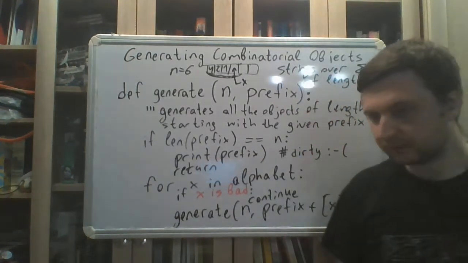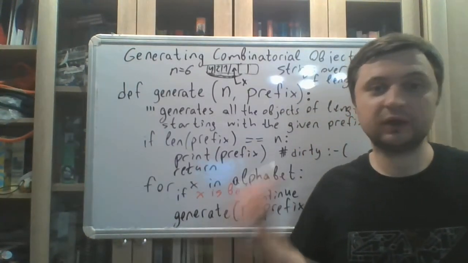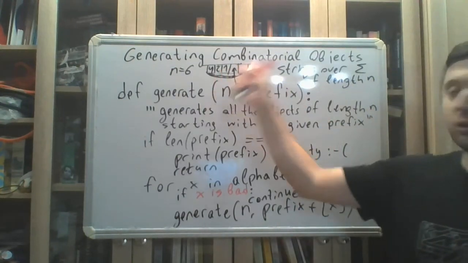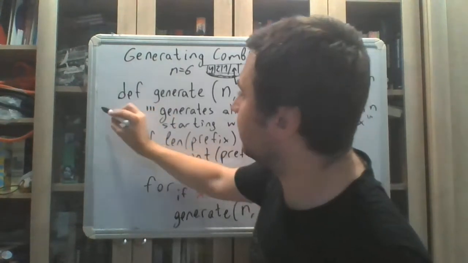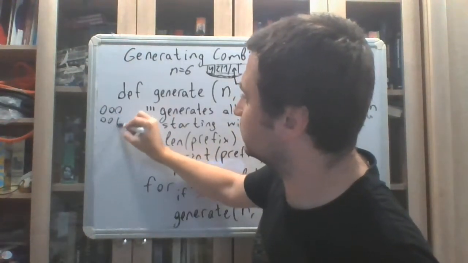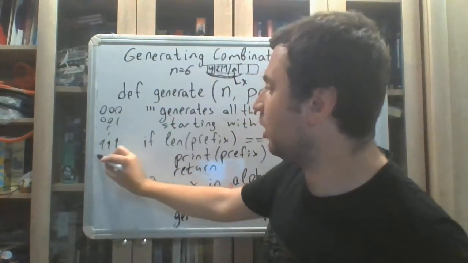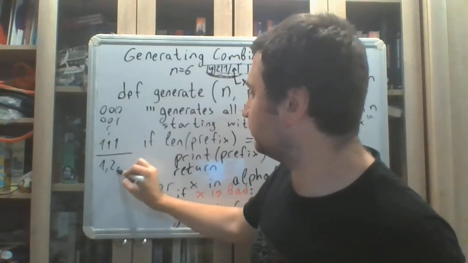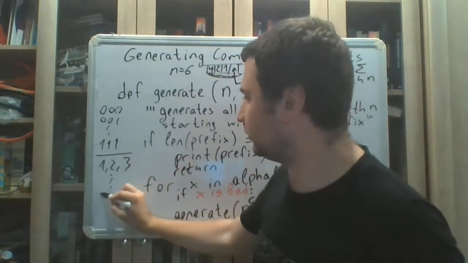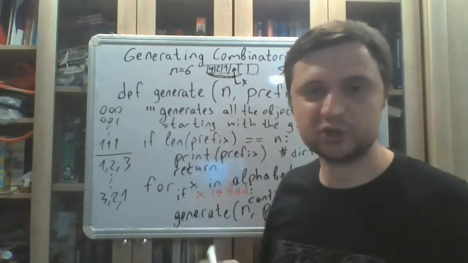Okay, so now you can iterate over all the possible binary strings, for example, with this code, like 0 0 0, 0 0 1, and so on to 1 1 1. Or you can generate all the permutations, 1 2 3, all the way to 3 2 1, or some larger examples.